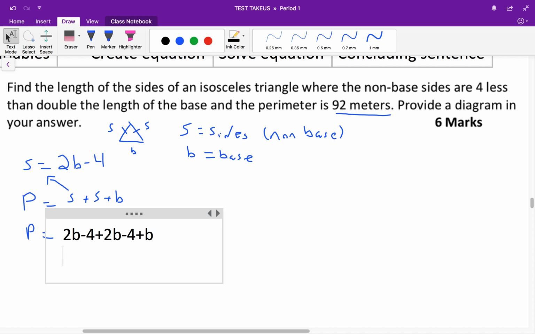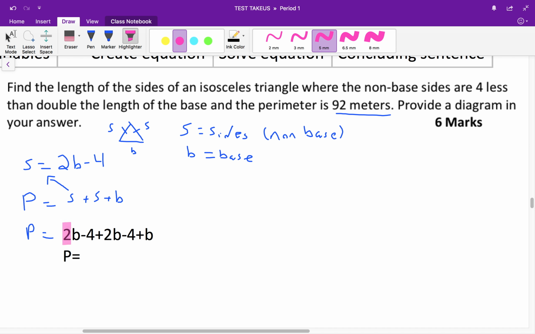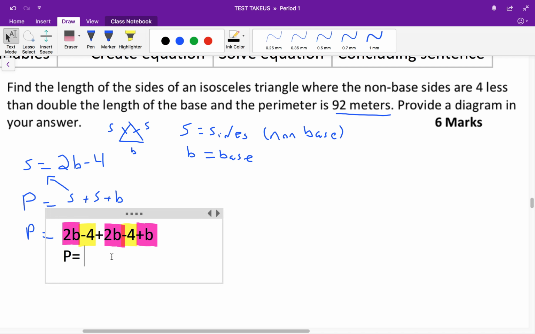So then if we go down, we have P equal to, we're going to collect like terms here. So we're going to collect this with this with this. Let me get that plus. And then we'll collect here and here together. So that's going to give us 2 plus 2 plus 1 is 5B minus 8.